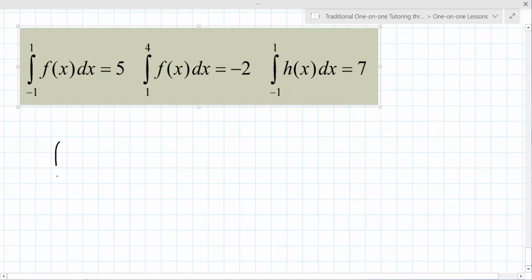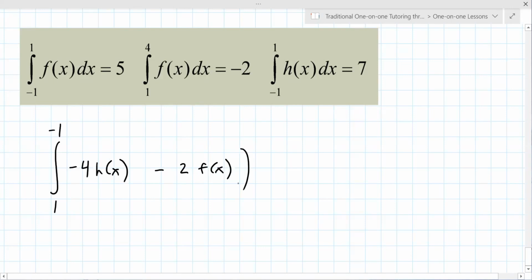Let's say I want the integral from 1 to -1 of minus 4 h of x minus 2 f of x dx. Again, notice I flipped the bounds here. However you want to tackle this problem, you will have to incorporate flipping the bounds.